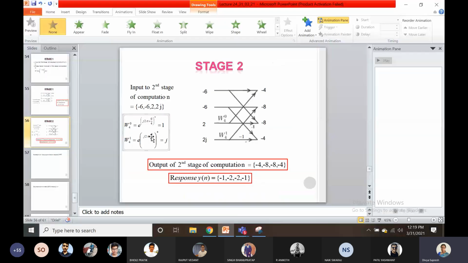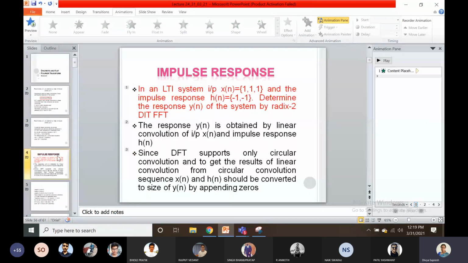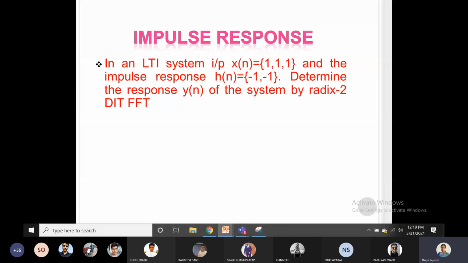So there are 4 steps involved in this question. Your question was to find the response y of n of the system by the radix-2 DIT FFT method. Given is your input x of n and h of n.